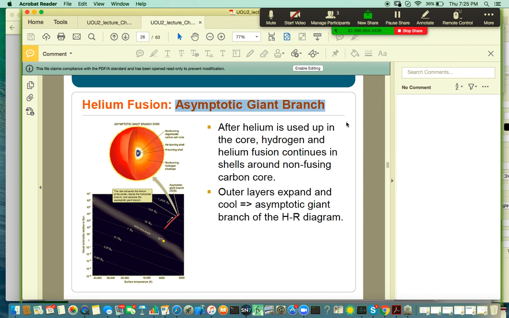So those are the main points I would like to mention. As for massive stars, as I think I posted in the video last week, high mass stars evolve faster and they do not halt their fusion reactions at carbon.